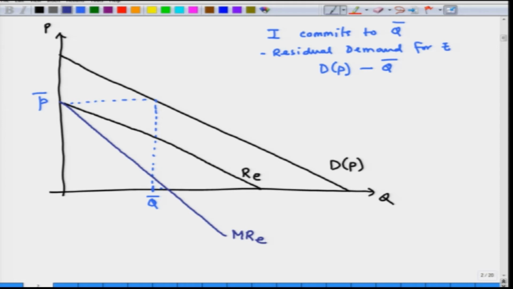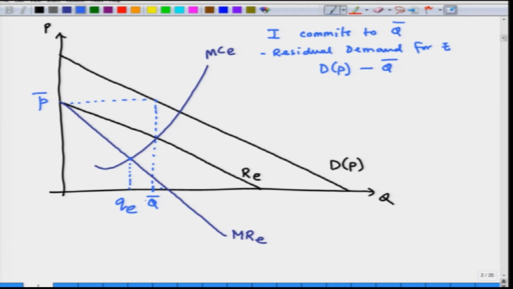Let us suppose that the marginal cost curve is somewhat like this. So, this is the marginal cost curve of the entrant. Now, profit maximization implies that the entrant compares the marginal revenue with its marginal cost and chooses to produce an output which is given by, let us say, QE. So, the output is QE.